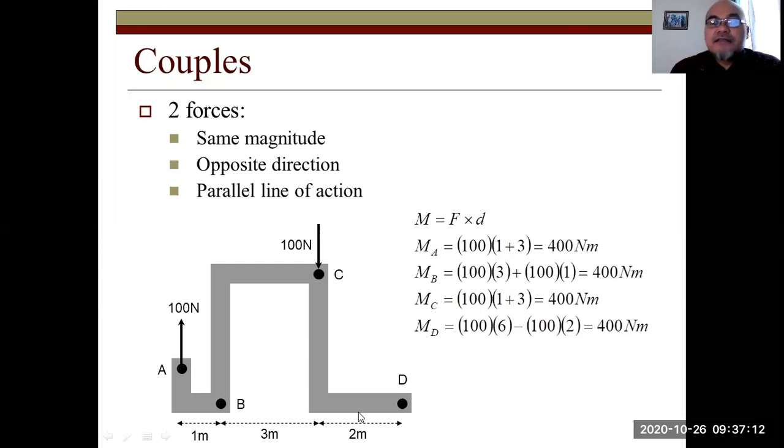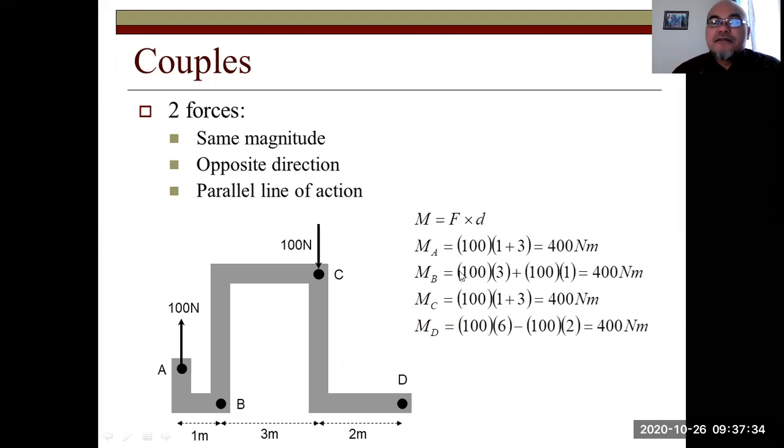Let's see now the resulting moment at several different points. For example, first, when we calculate the moment about point A, the force at A will not exert any moment about point A because it occurs at that point.